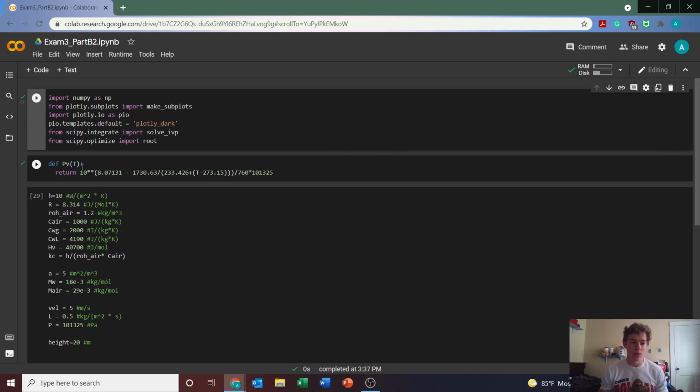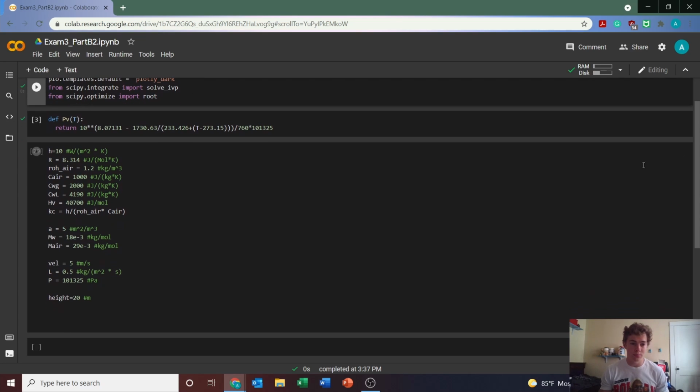I also imported the Antoine equation for the saturated pressure of water at a given temperature. So that's all right here. First we can start off with the given information. To start, we have the heat transfer coefficient, which is 10, in units of watts per meter squared times Kelvin.